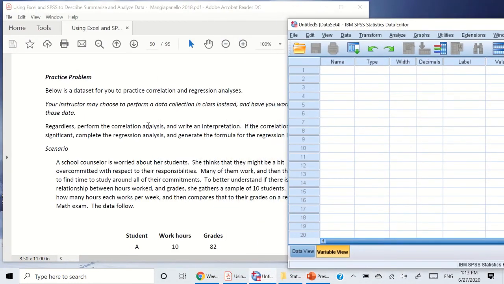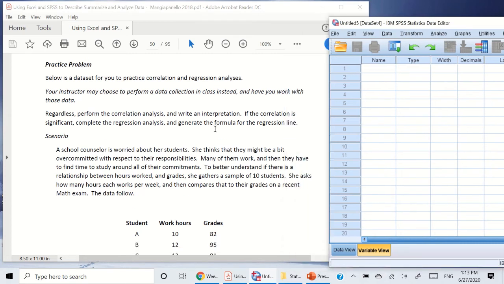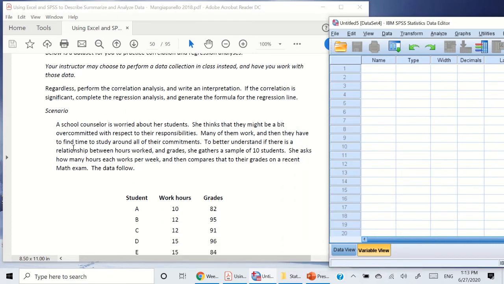Below is a data set for your practice, for your regression analysis. The scenario: a school counselor is worried about her students. She thinks that they might be a bit overcommitted with respect to their responsibilities.